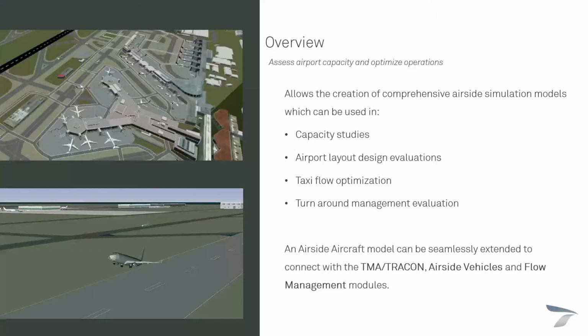It can also be very useful in turnaround management. In terms of, for example, your towing strategies, if you are considering towing aircraft earlier to a remote stand, AirTOP can also help you evaluate those possibilities, so you make informed decisions.